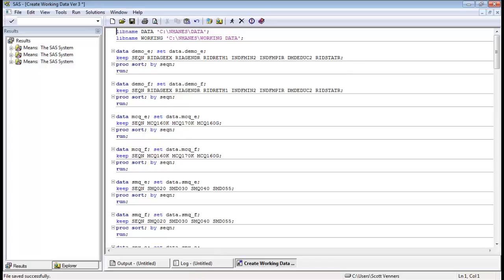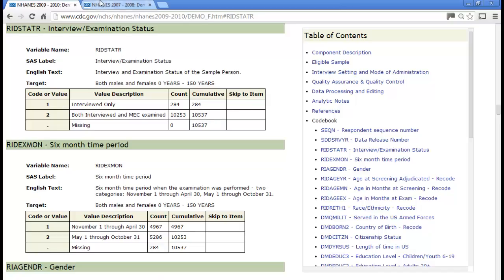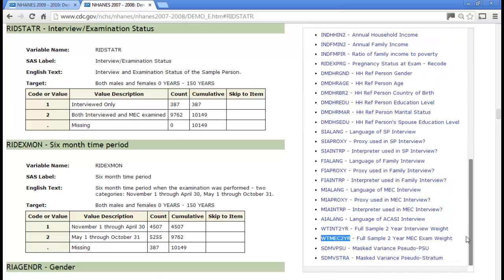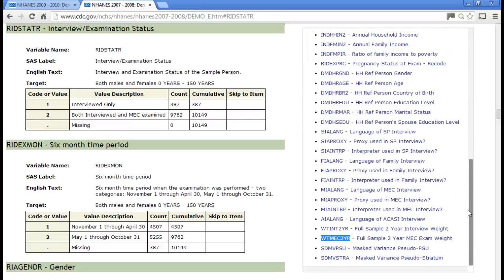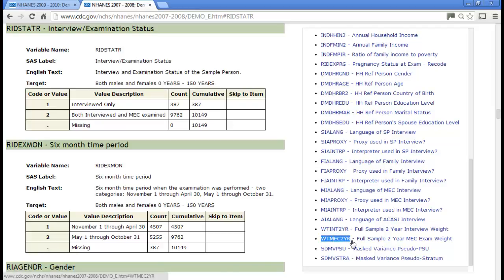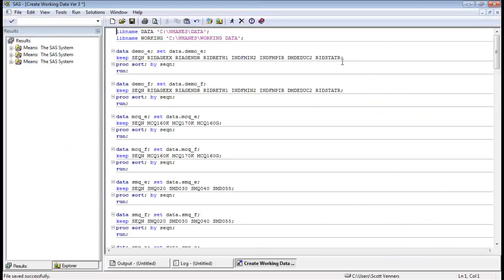Now, the other variable that we need is the weight variable. So if you're using, again, the interview only or the both interviewed and MEC examined group, your weight variable is going to be in the demographics data set. Now I'm using the MEC group, so my weight variable is going to be this full sample 2-year MEC exam weight. So I'm just going to grab this from here and include it in my data set.